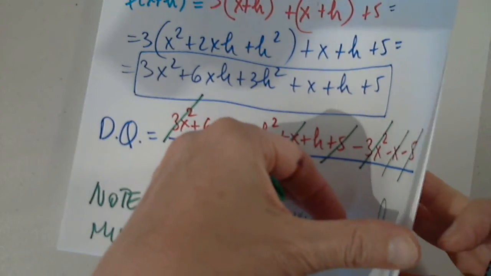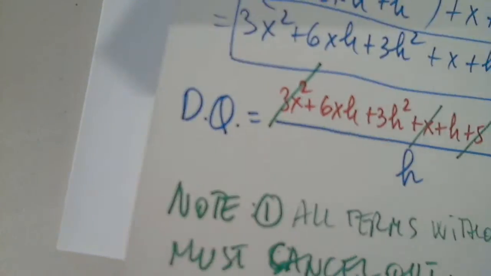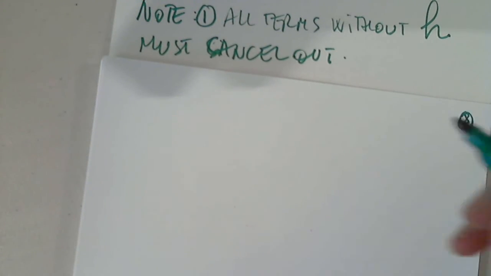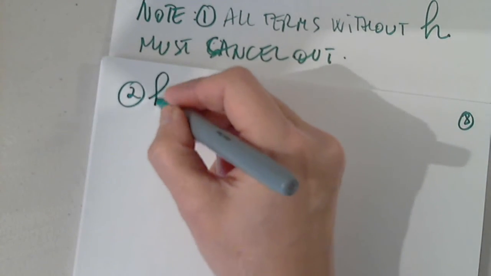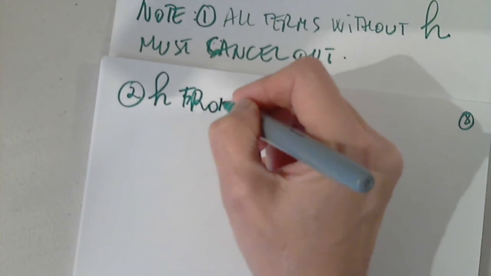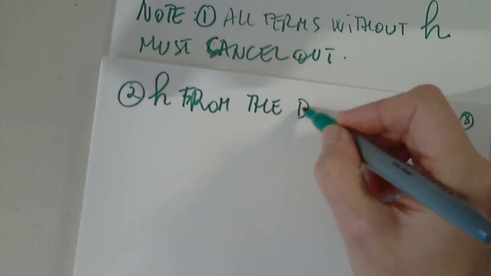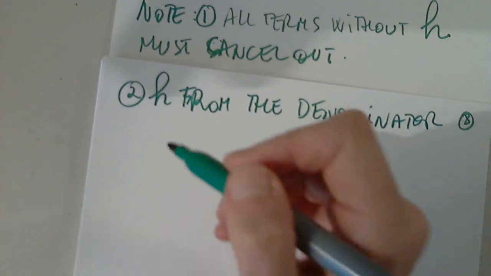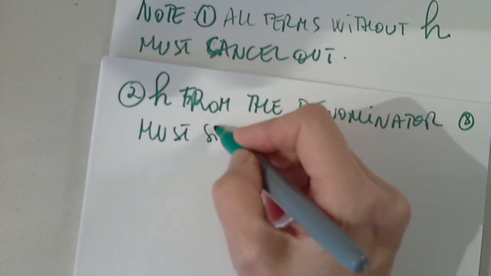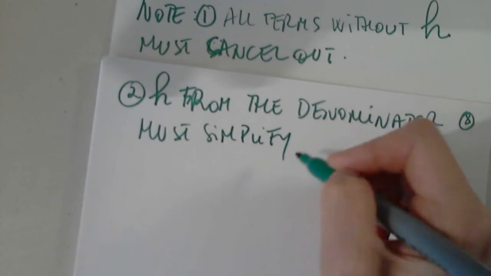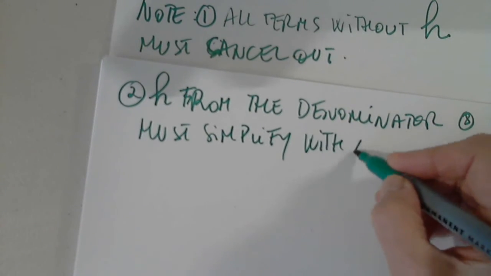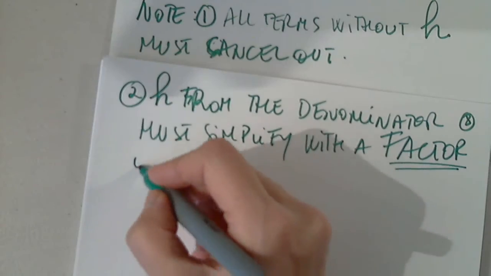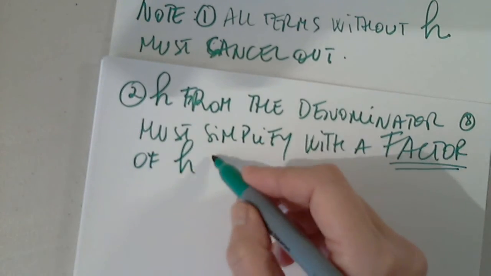Now note number 2, before we continue. H from the denominator must simplify with a factor, very important, of h from the numerator.